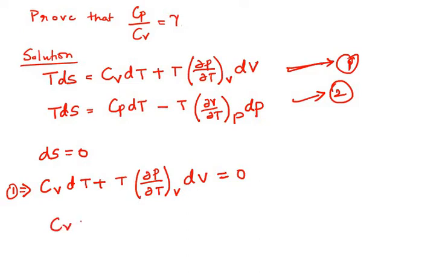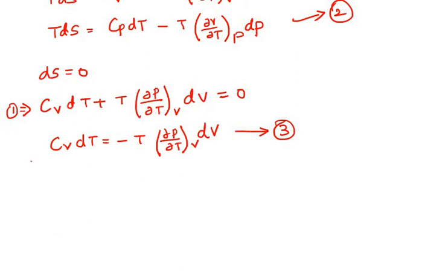Or I can write Cv dT is equal to minus T into dou P by dou T at constant volume into dV. Take this equation as 3.